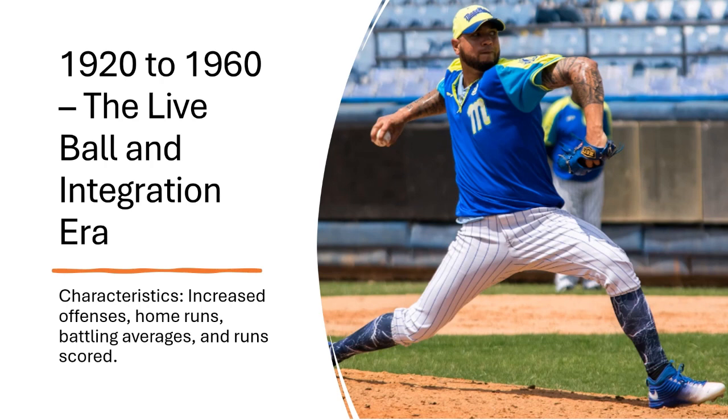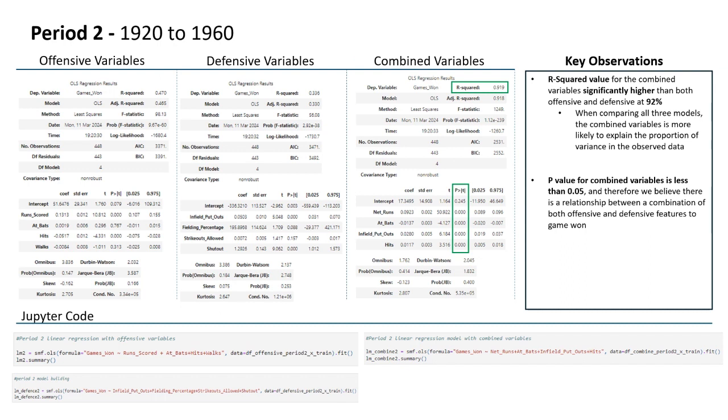Moving on to the live ball and integration era, this era is characterized as an increase in offenses, which include home runs, batting averages, and runs scored. We use the same code to pull the summary view of the linear regression model for the period between 1920 to 1960. When we compare the R-squared values, we can see offensive has an R-squared of 47%, defensive has an R-squared of 34%, and combined has an R-squared of 92%.